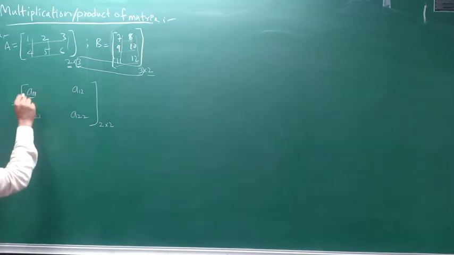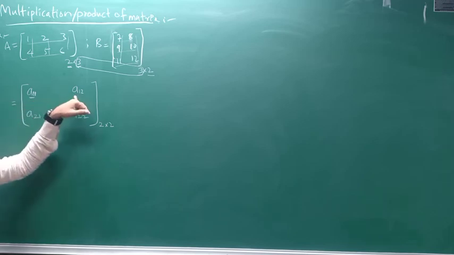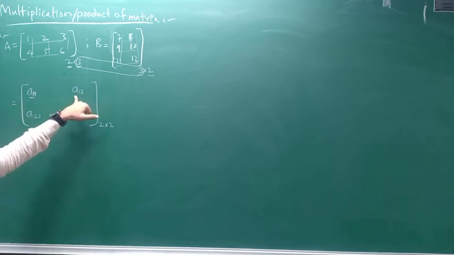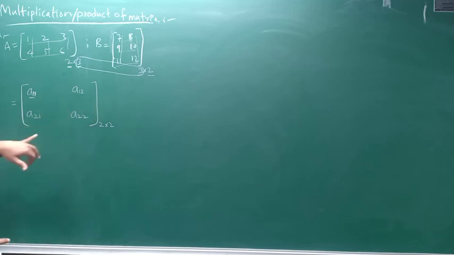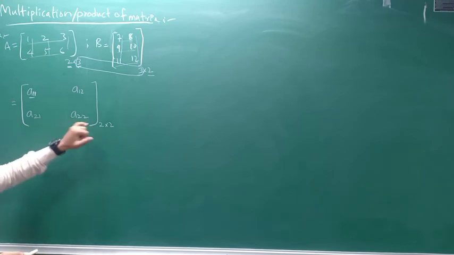So we will get element A11 after multiplying the first row with the first column, the second element after multiplying the first row with the second column, the third element after multiplying the second row with the first column, and the fourth element after multiplying the second row with the second column.